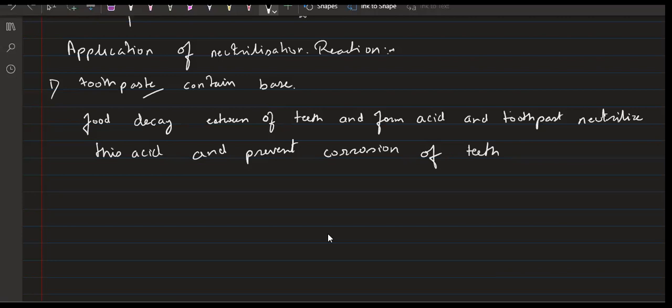Everyone agree? Everyone understood this application of neutralization?